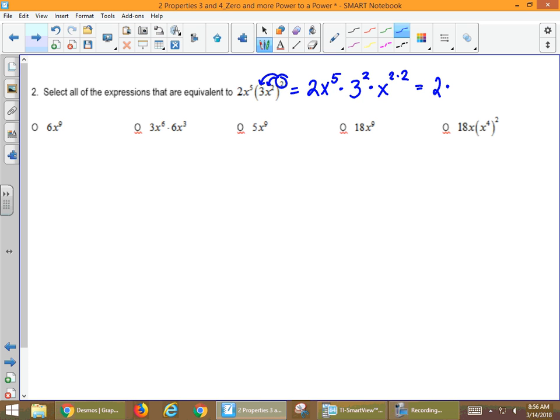What other number do I have other than 2 in this problem? 3 what? 3 squared. What is 3 squared? 9. So I'm going to go ahead and put that 9 out front. And then I have x to the 5th. And I have x to the 2 times 2. What's 2 times 2? 4.